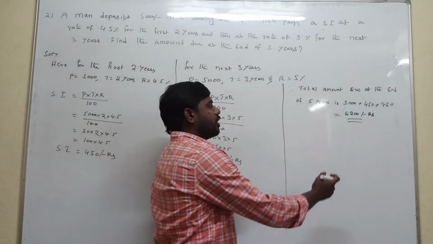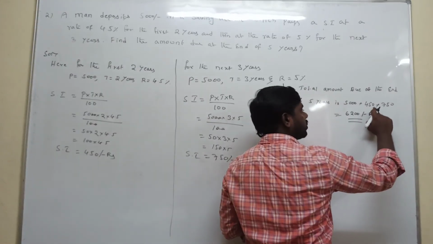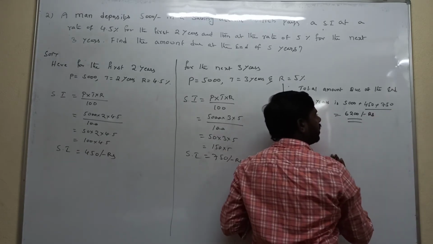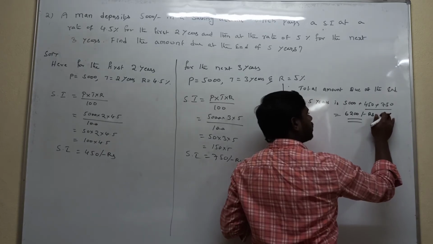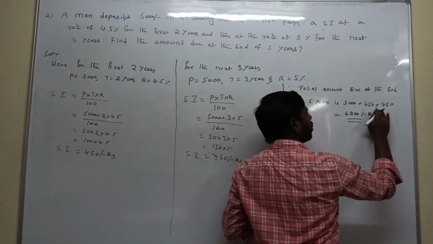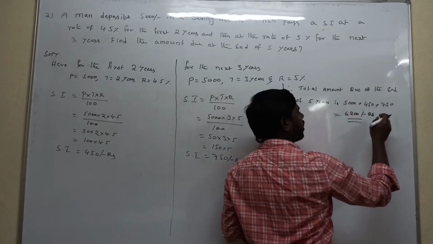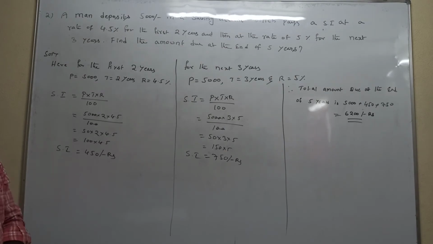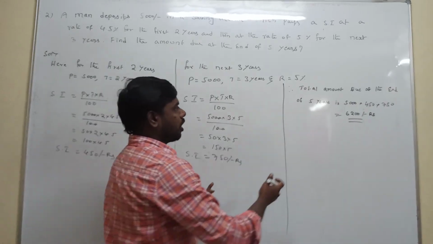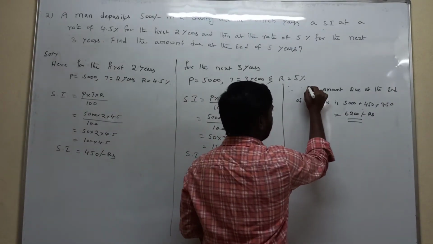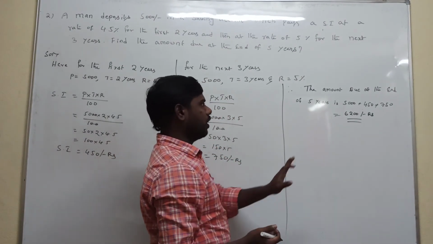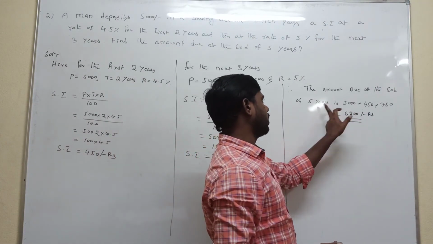Totally this is a 5 years interest, plus because deposit amount is 5,000. 5,000 plus 450 plus 750, that is 1,200. 1,200 plus 5,000 is 6,200 rupees. 6,200 is the total amount due at the end of the 5 years.